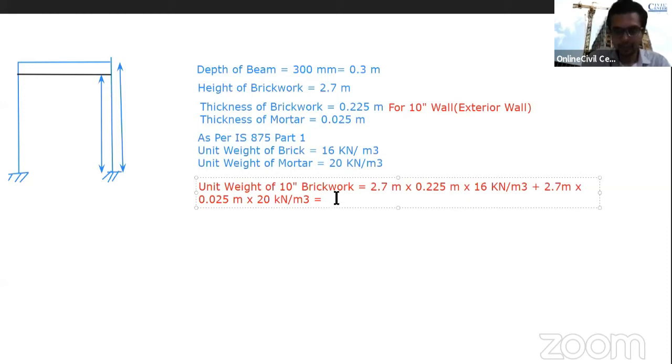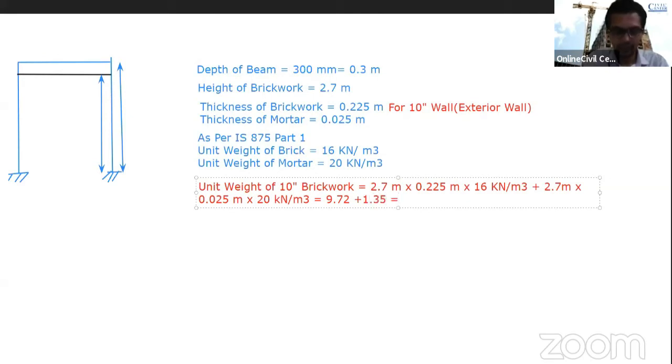We can write a breakup of this: 9.72 plus your 0.025 into 20 into 2.7. So what is the value here? Plus 1.35.